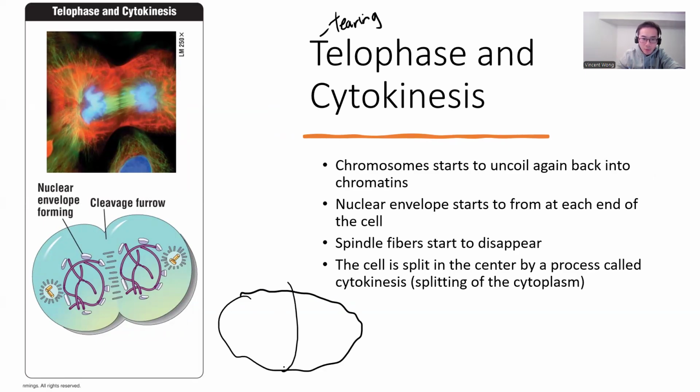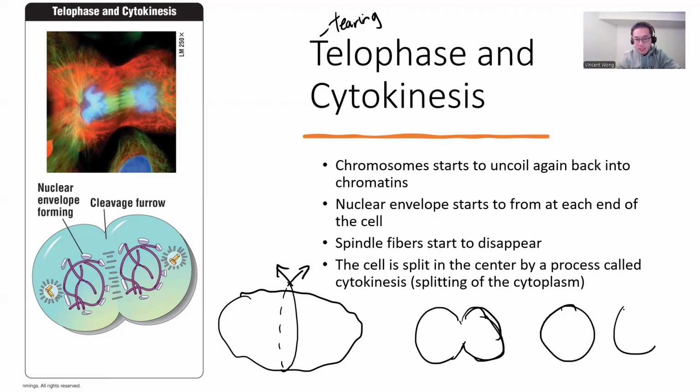You tie a rope around the middle like this, and then you pull on the rope. You will pinch the dough, and eventually it will get cut in half. This is telophase, and the actual division of the cell, the cytoplasm getting separated into 2 equal halves, that's called cytokinesis.